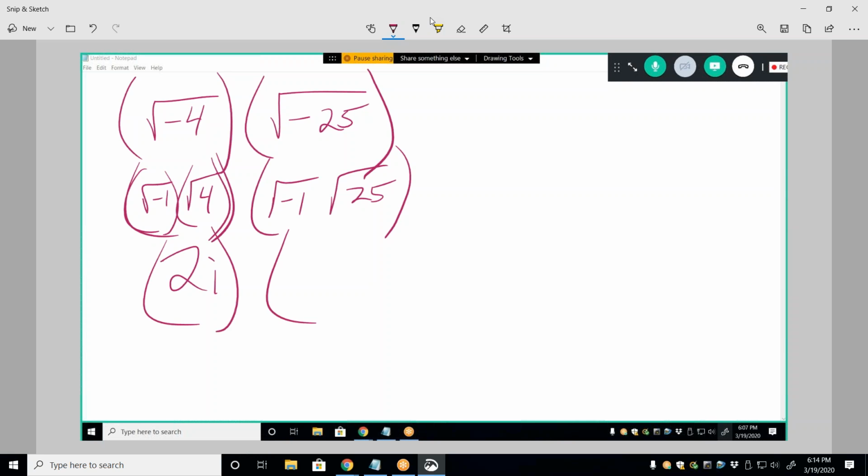What's this one? That would just be 5i. Multiply them together. What do you get? 10i squared. In other words, if that was an x instead of an i, you'd have 10x squared, right?